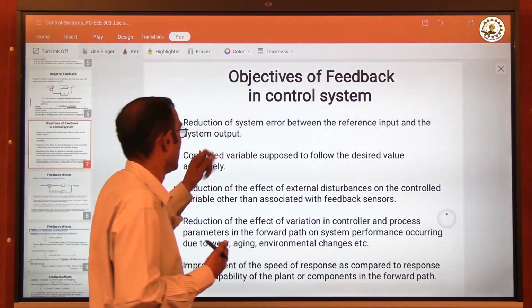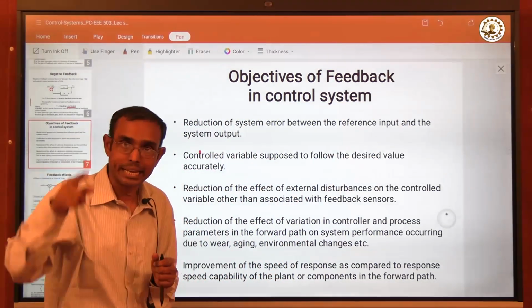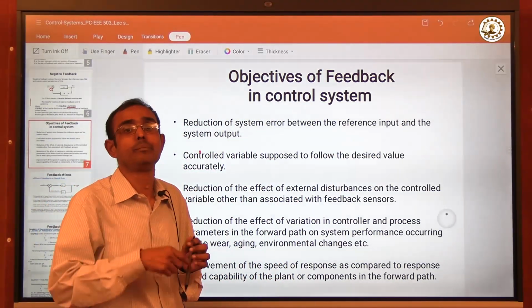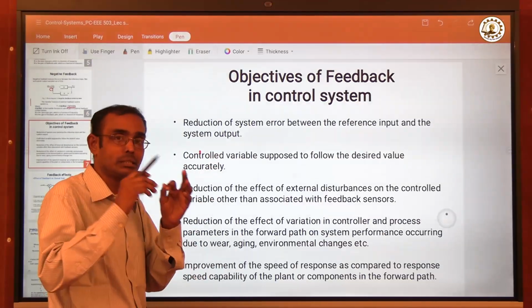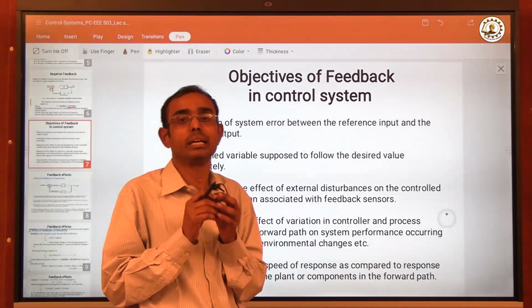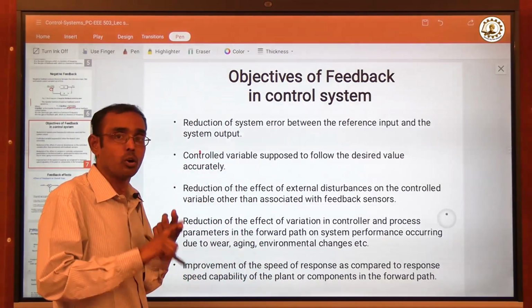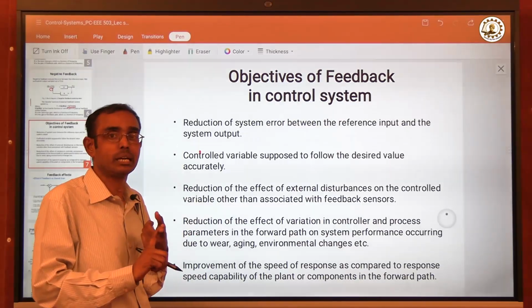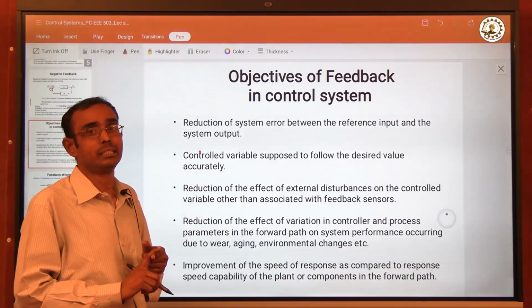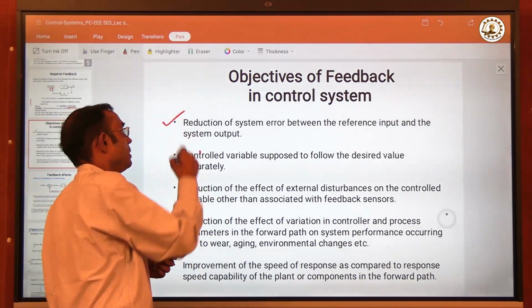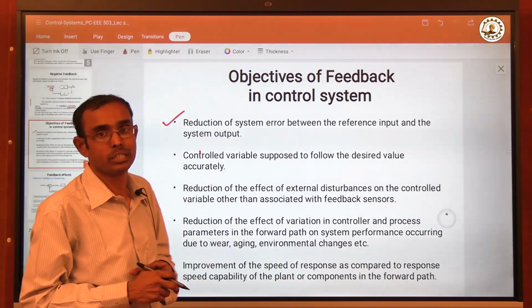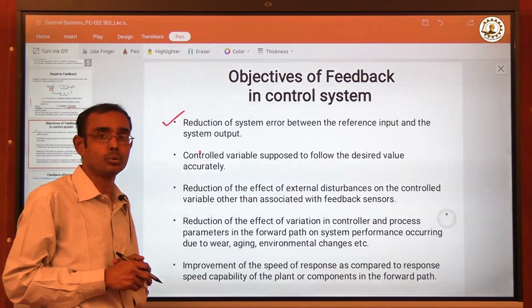One is the reference input and another is the system output taken back through the feedback path. So once the system error is computed by the error detector, the final objective of the system designer is to reduce that system error. So it is the primary or the most important objective for using feedback in a control system.